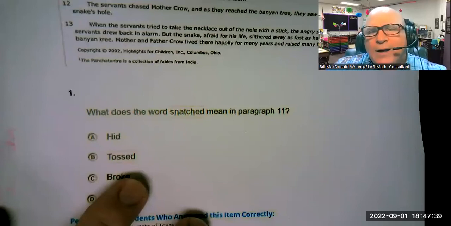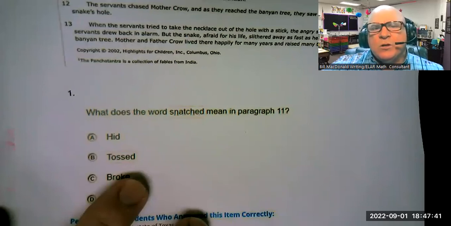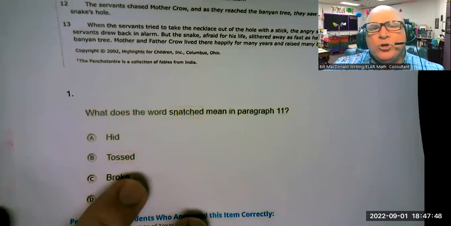So there'll be one extended essay question on, for example, this third grade reading test. I'll give you two short answer questions.